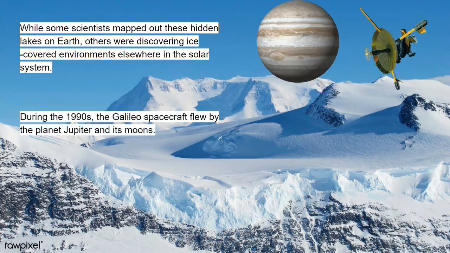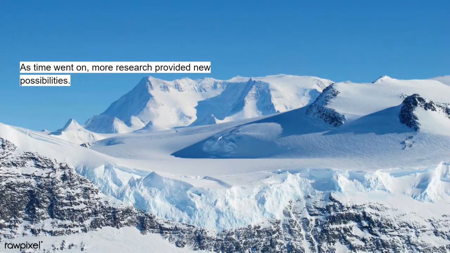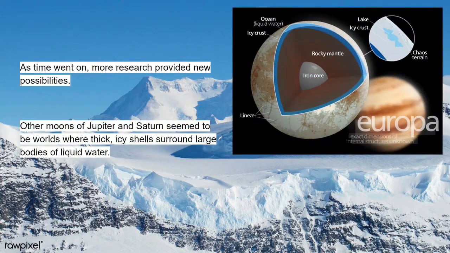During the 1990s, the Galileo spacecraft flew by the planet Jupiter and its moons. As time went on, more research provided new possibilities. Other moons of Jupiter and Saturn seemed to be worlds where thick, icy shells surrounded large bodies of liquid water.